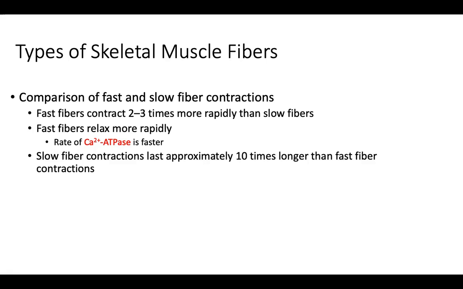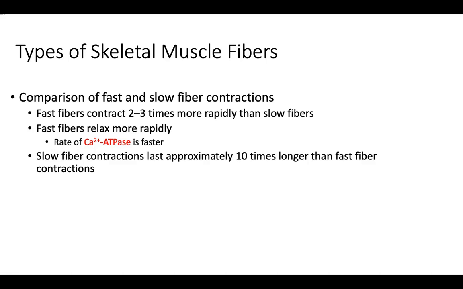Another factor that differs here between fast and slow fibers is the rate of relaxation. That is the rate of the calcium ATPase pump as well. So just going back to our initial muscle physiology conversation, taking us back to excitation contraction coupling, we said that there was a connection between the rate of muscle relaxation and the pumping of calcium back into the sarcoplasmic reticulum, right?